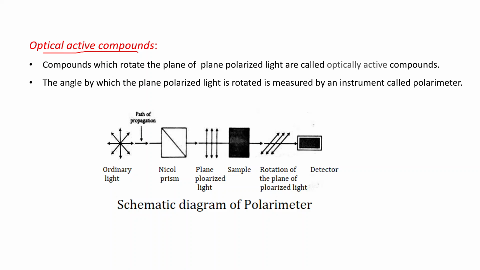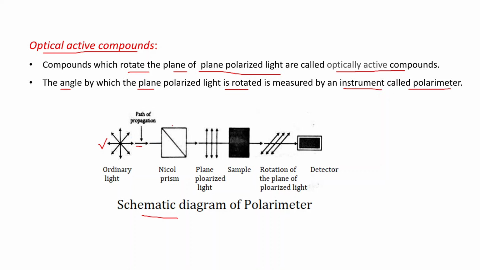Optically active compounds. Compounds which rotate the plane of plane polarized light are called optically active compounds. The angle by which the plane polarized light is rotated is measured by an instrument called a polarimeter. This is the schematic diagram of a polarimeter. This is ordinary light, and this is the path of propagation.